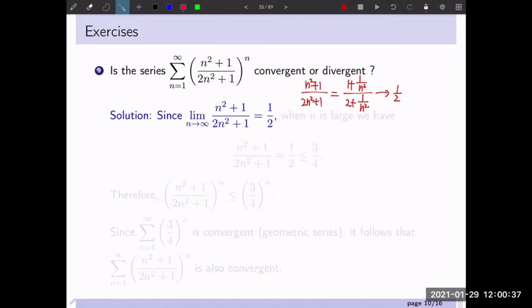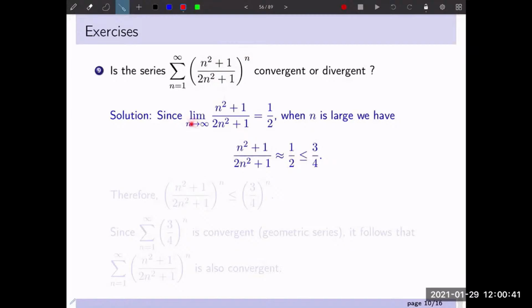But a more rigorous argument is that since the limit is 1/2, therefore when n is sufficiently large, this is sufficiently close to 1/2. If this is sufficiently close to 1/2, then it would be smaller than any number bigger than 1/2, such as 3/4. So 3/4 is bigger than 1/2, right?